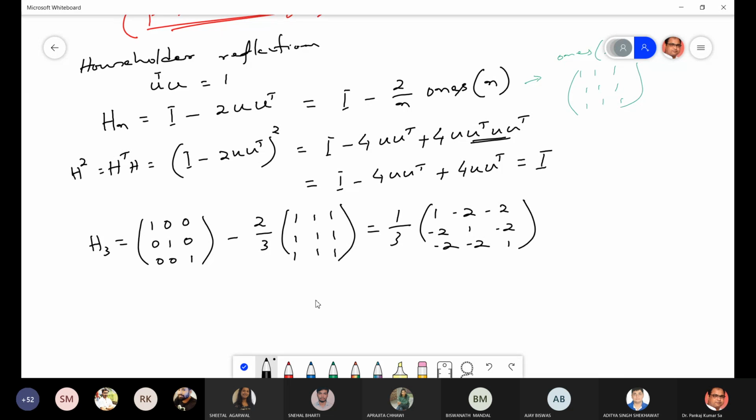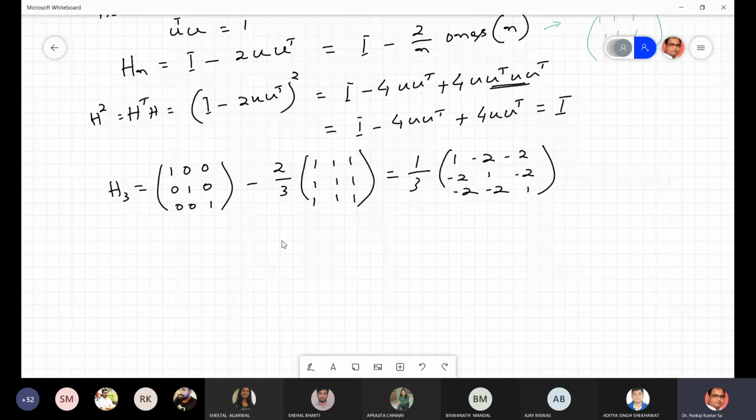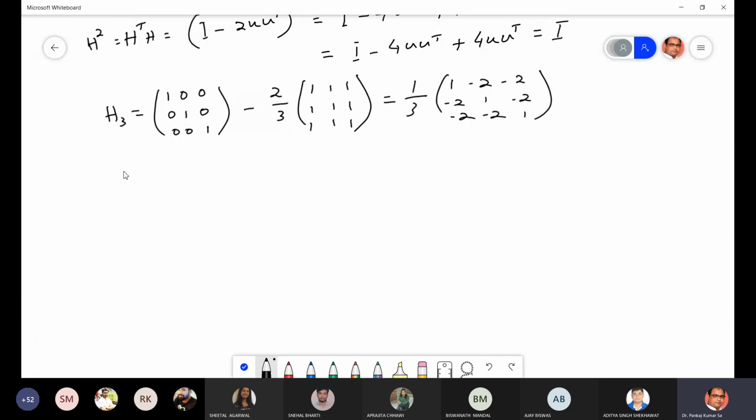Now let us go for the fourth order, and there is an interesting matrix with this fourth order actually, H4. So this is again I minus 2 upon 4 times the matrix of all ones.